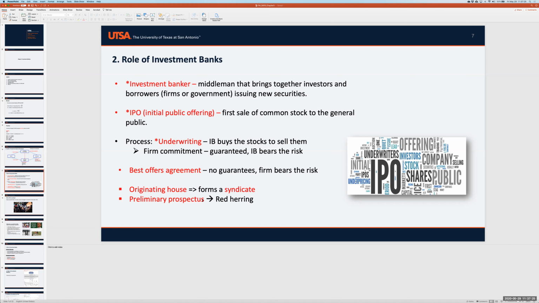Preliminary prospectus. First, the starting point for the initial public offering is that the board of directors decides to go public, and then they prepare a prospectus, which is an explanation of the mission of the company, the projection of the company, and the financial performance of the company. Let's say balance sheet, income statement, cash flow statement, and other statements, and they show the health of the company.